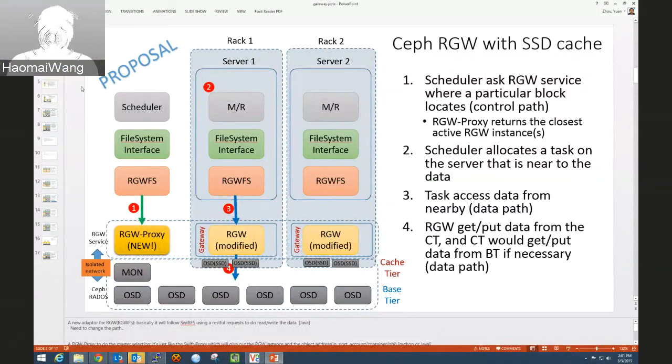Because Sahara stores data in RGW, if Hadoop needs to use this data, we need to copy it from RGW into a place that Hadoop can directly access. So I have an example.